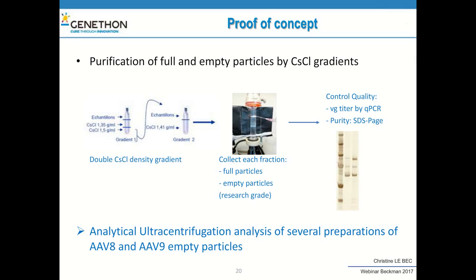You can see in the middle of the slide that we collected the full particles and the empty particles from the syringe. After that, we performed analytical ultracentrifugation analysis of the different preparations.